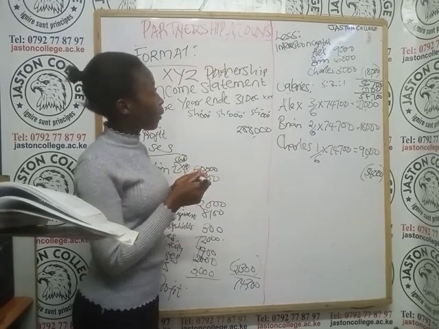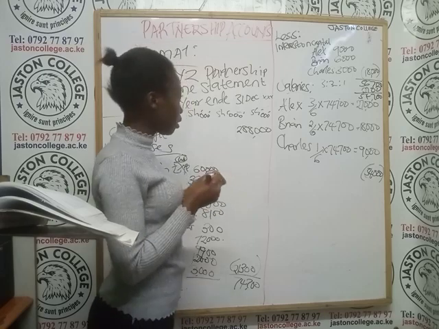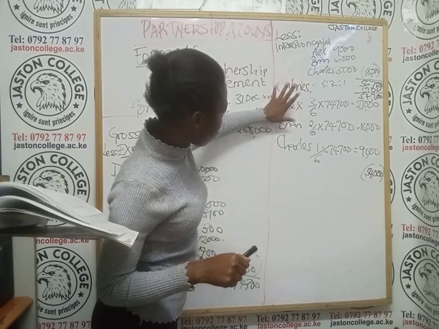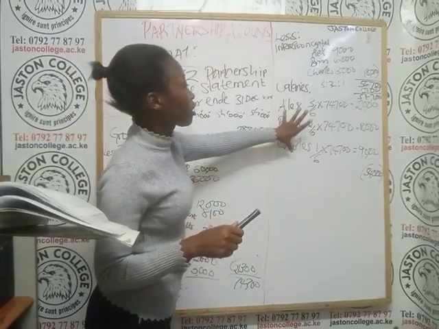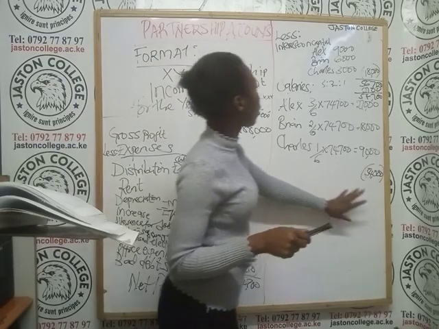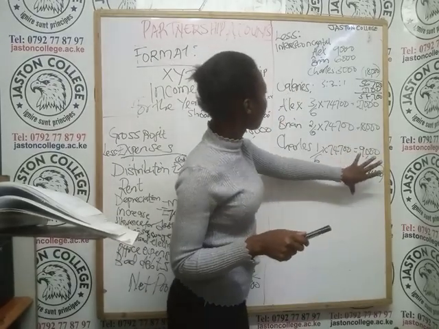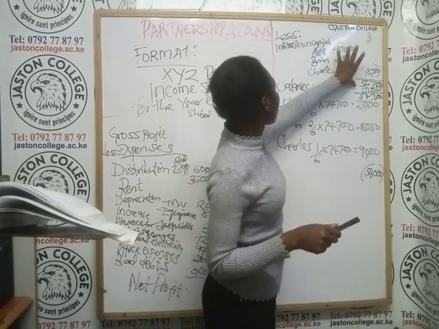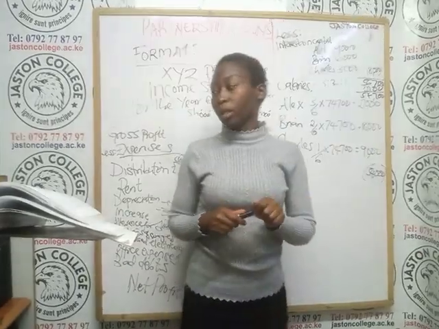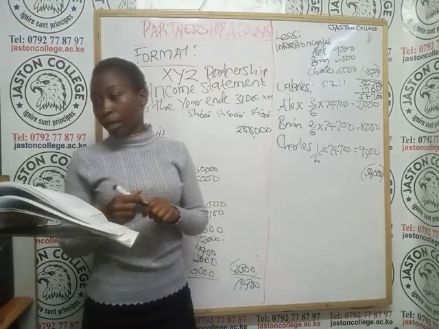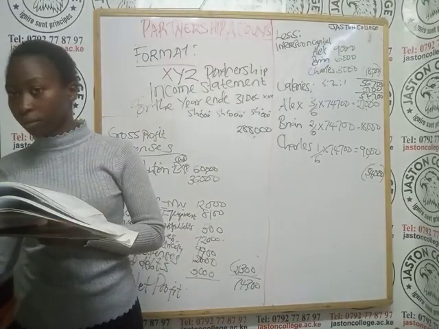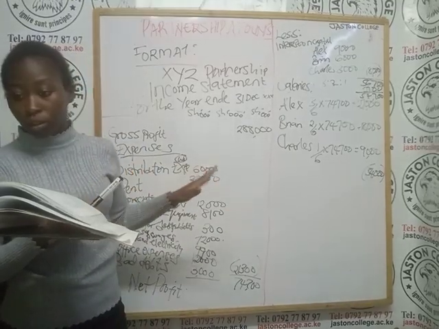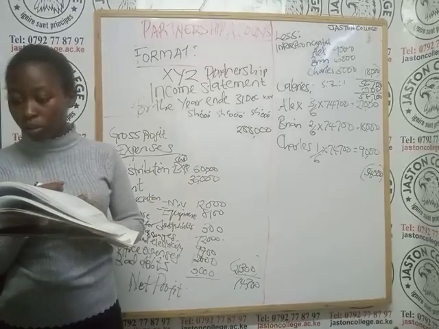So our interest on capital and the salaries are shared, the share of profit, which is our salary, should be equal. So we should have the same salaries shared and the same interest on capital. So this is what we should do on this question that we have.